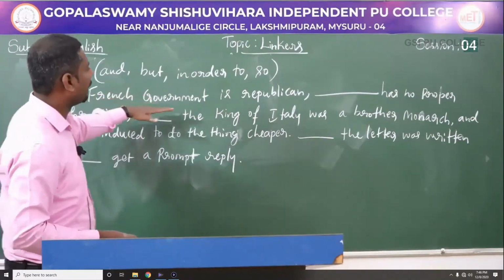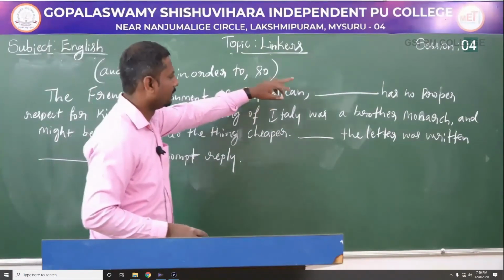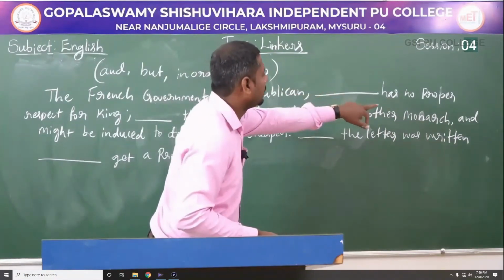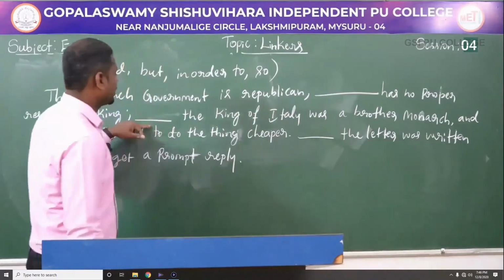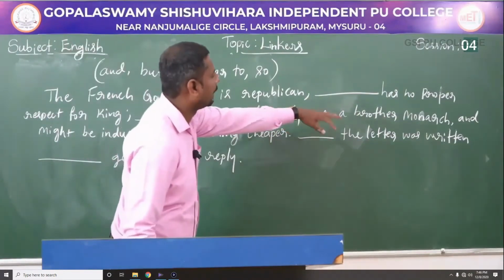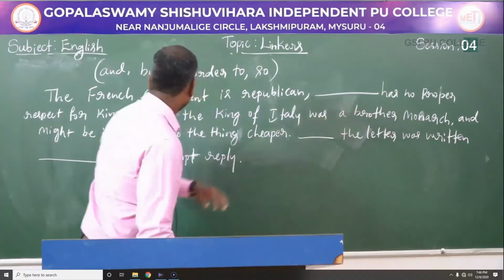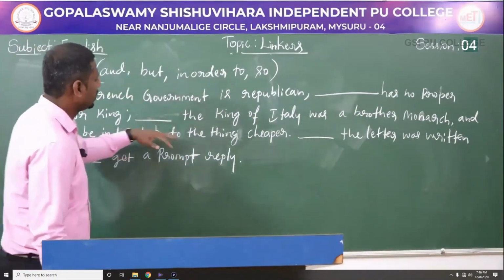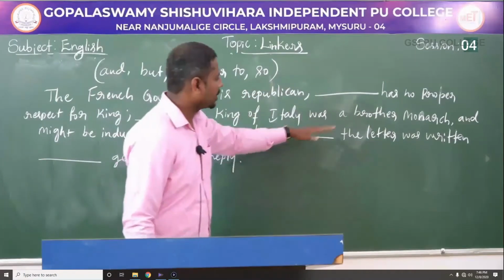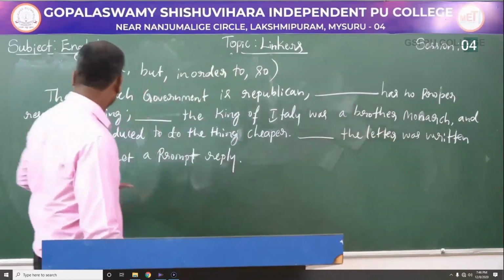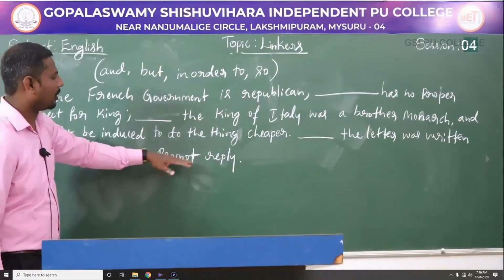The French government is Republican dash, has no proper respect for king dash. The king of Italy was a brother monarch and might be induced to do the thing cheaper. Here you have full stop. Dash, the letter was written dash to get a prompt reply.